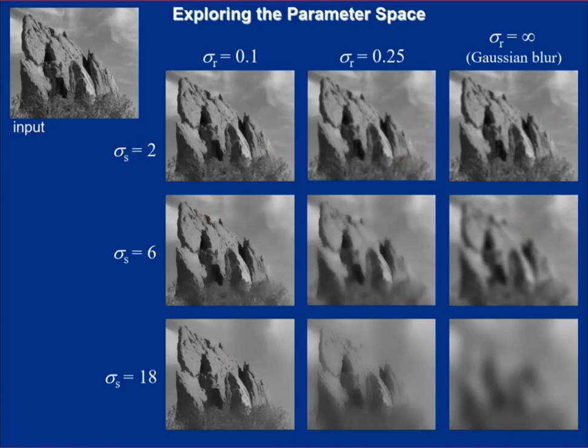If you set the range very large, it is almost the same as the original Gaussian filter. But if you select the proper parameters, you can generate images like this. You preserve most edges and smooth the texture or flat area. Okay, what can the filter be used for?